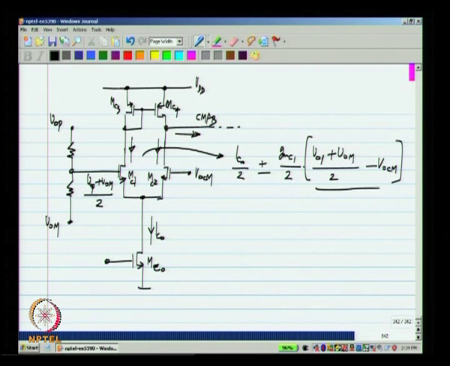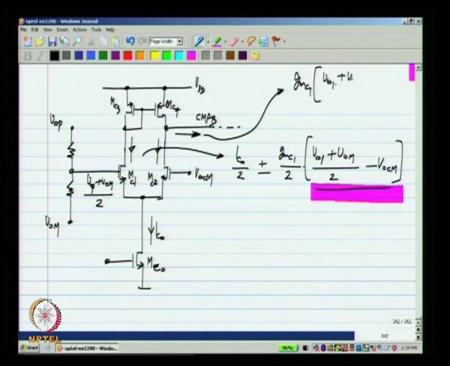Okay. So, this part of it is the input to the differential pair MC1 MC2, that times GMC1 by 2 is the current in each of these transistors, and the total current output, the bias component will be removed and this will be doubled. Okay. So, this will be nothing but GMC1 times ((VOP plus VOM) by 2 minus VOCM).